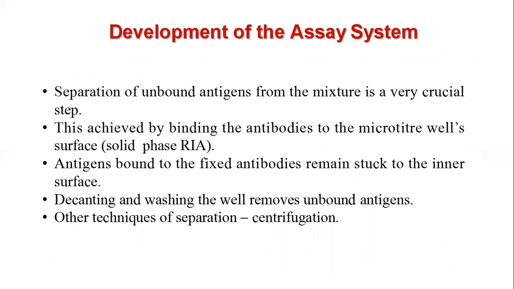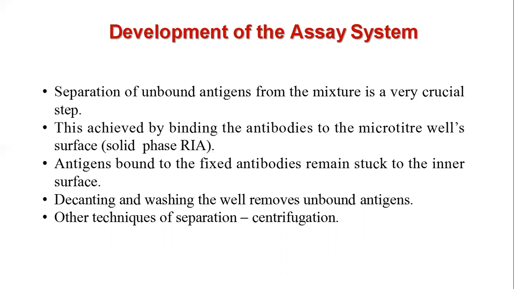Before your actual experiment starts, you have to perform this process, and you have to ensure that you have eradicated the unbound antigen. Only the radio-labeled antigen, the tracer antigen, should be in your sample. This is achieved by binding the antibodies to the microtiter well surface, which is a solid surface or solid phase for RIA.